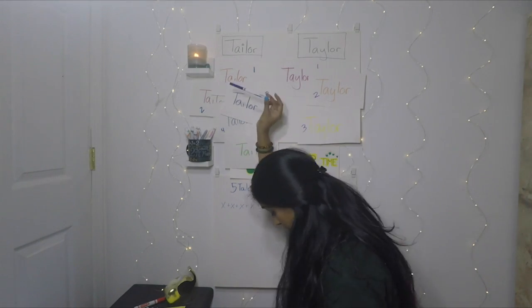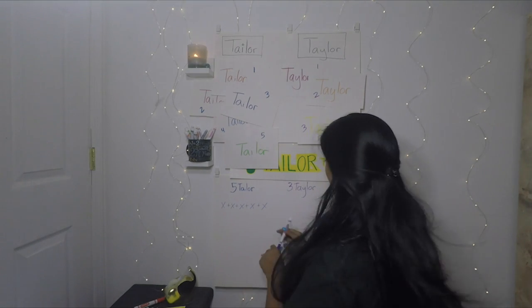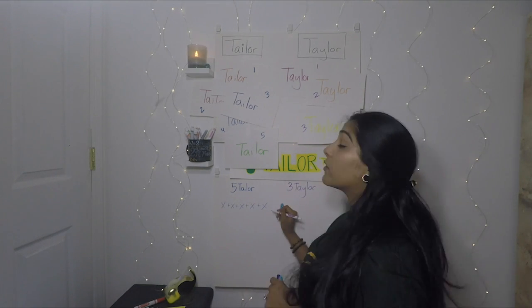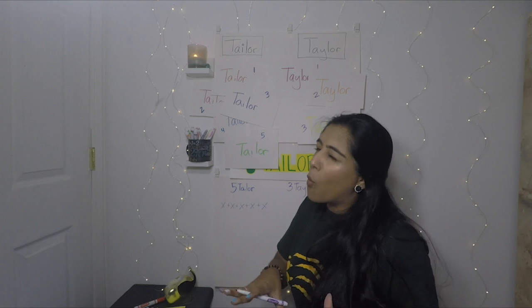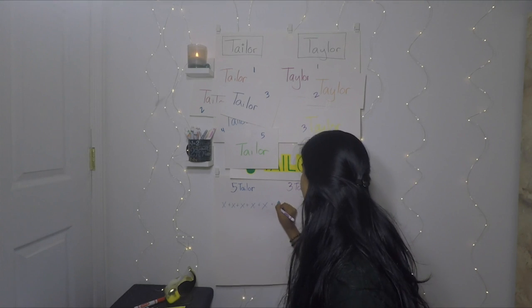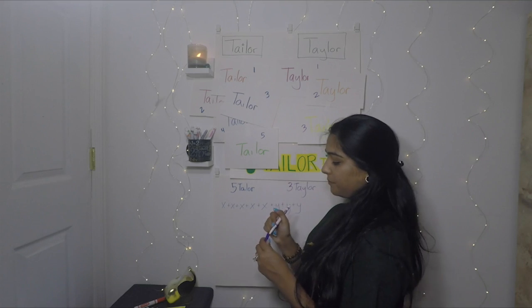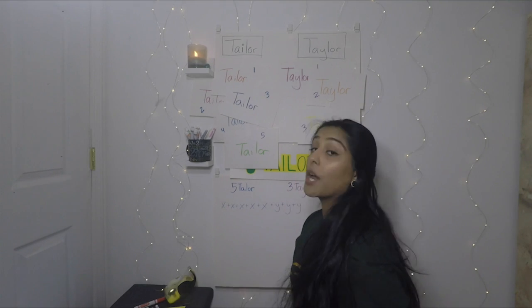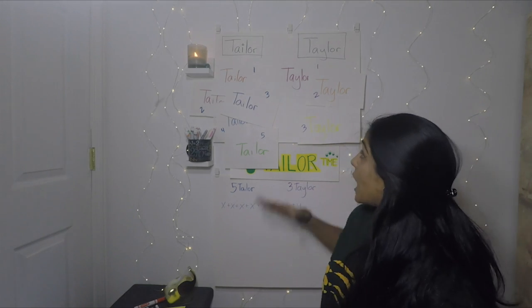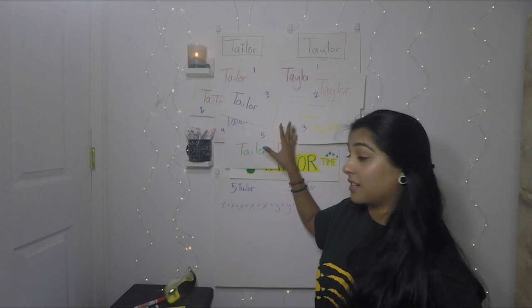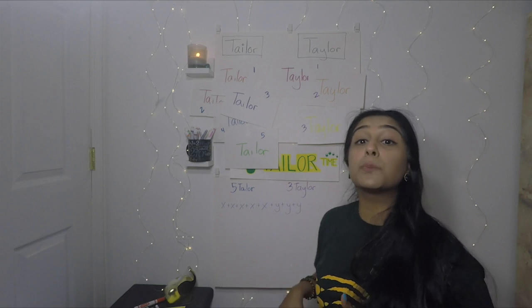Oh, marker's falling. At least I'm not throwing them at you. We have 3. And we're going to represent Tailor with the Y with a Y. So now when we're combining like terms, I just took all of this and put it into an expression.